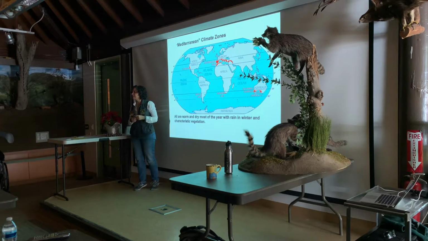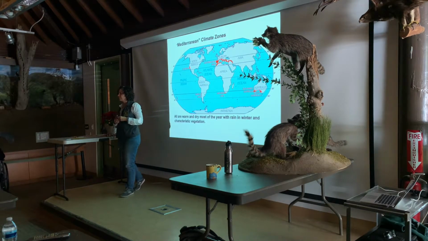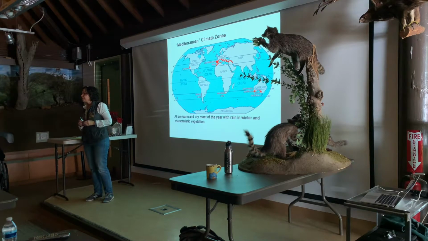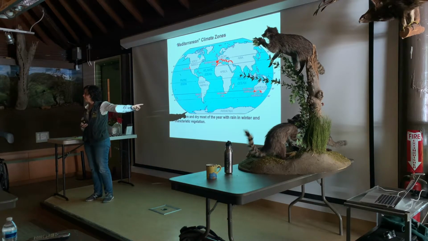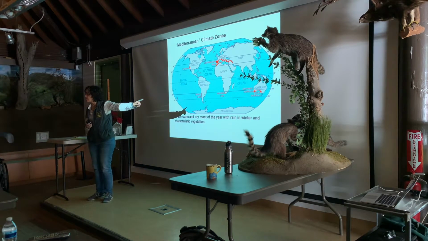What interests me is I read that a lot of the invasive weeds in this state come from other Mediterranean climate zones. Like Arundo comes from Italy, Sahara mustard comes from the Middle East, and iceplant comes from South Africa. So you see, they're all in a similar kind of climate.